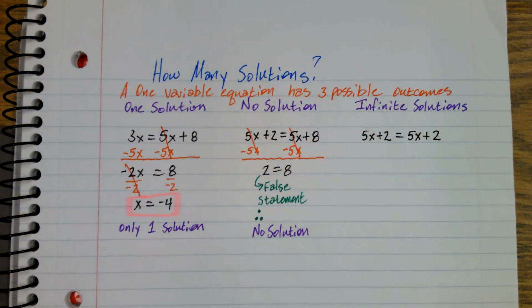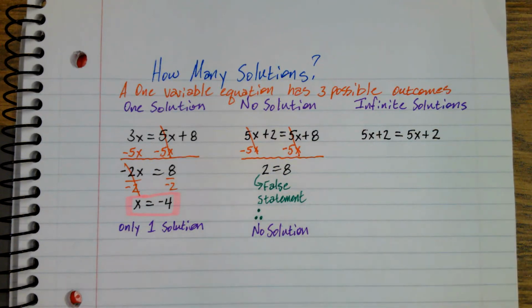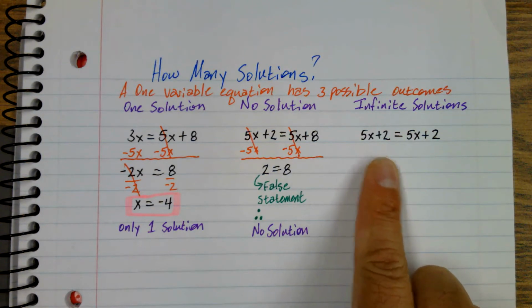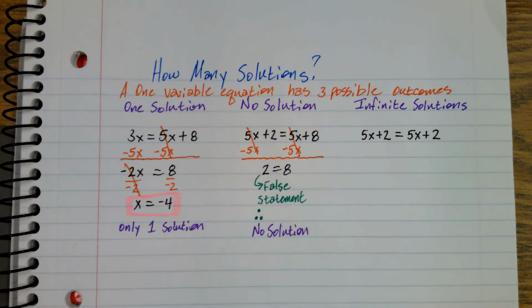Here's an equation that's going to give us infinite solutions. What do you notice here on our third example? What are we noticing here? Same on both sides. It's identical. 5x plus 2 on the left side of the equation, 5x plus 2 on the right side of the equation.